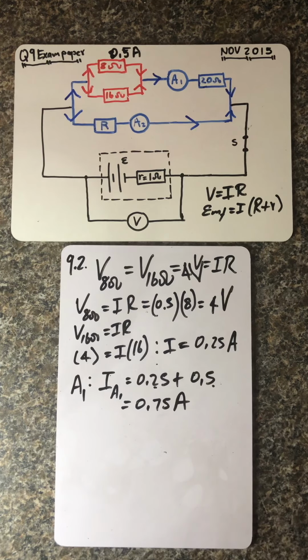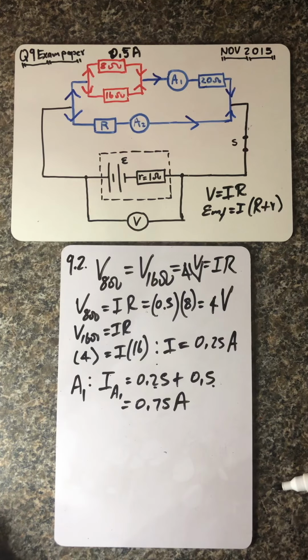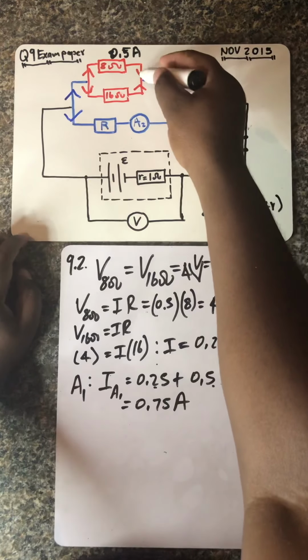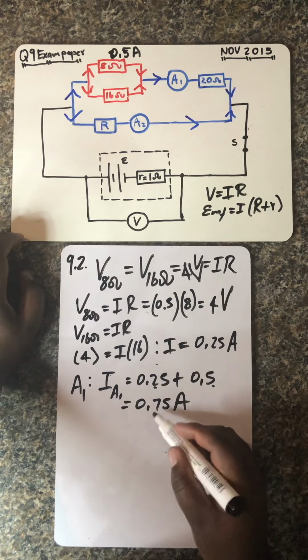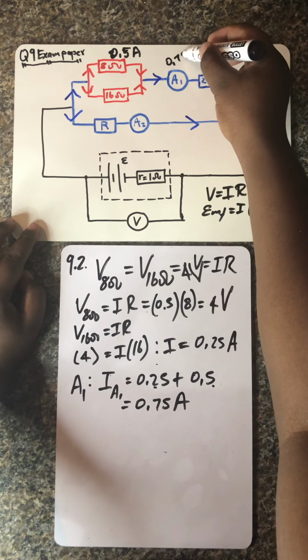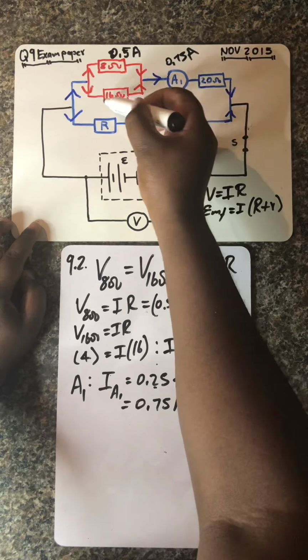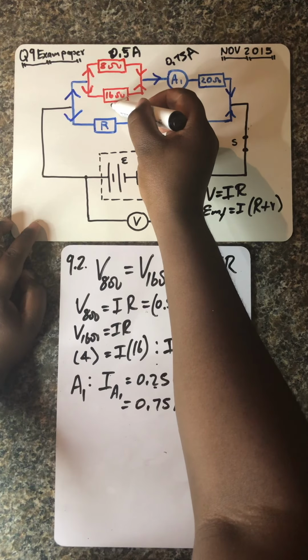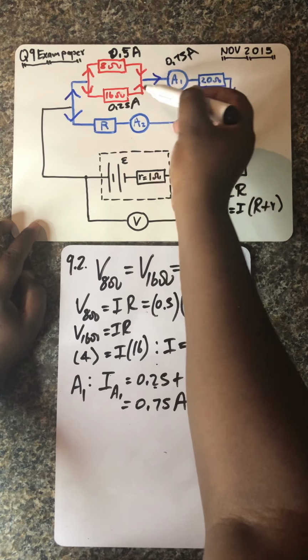This is how you solve this question, question 9.2. So the current flowing there is 0.75 amperes. And the current flowing there is 0.25 amperes.